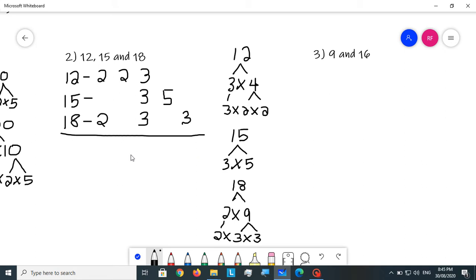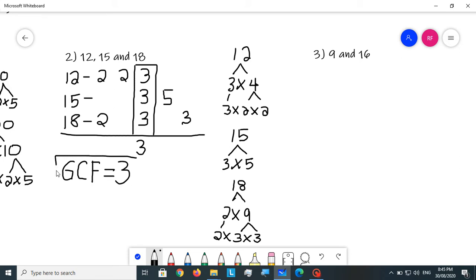In this case, there's only one common prime factor, that would be 3. So that means the GCF of 12, 15, and 18 is 3.